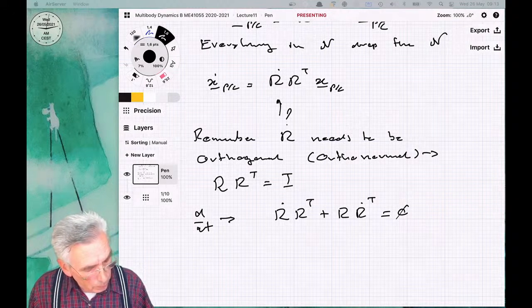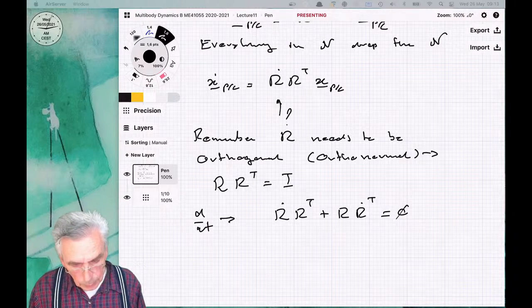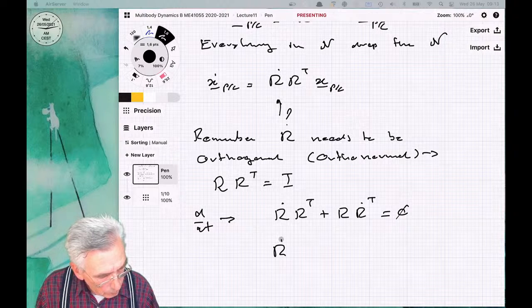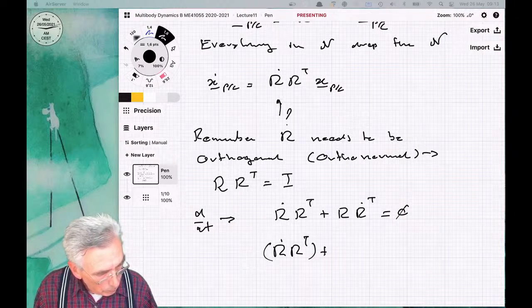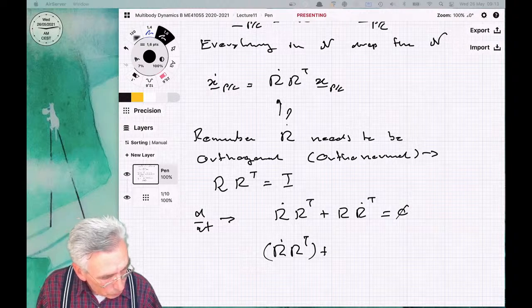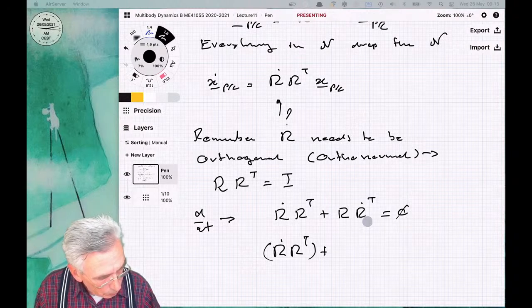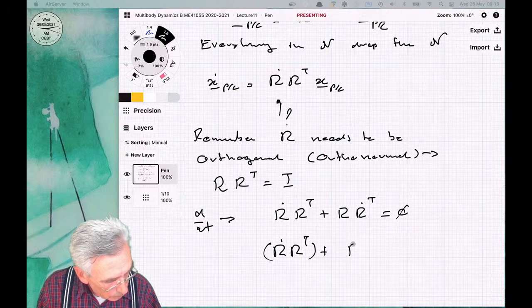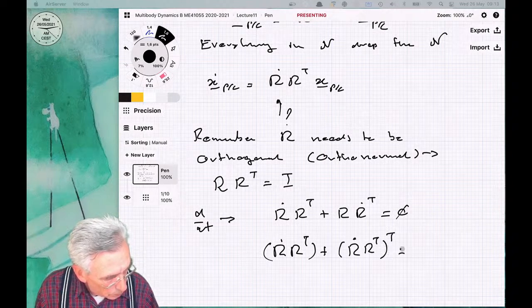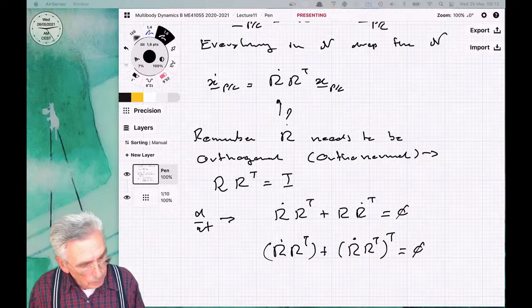Now this looks a lot like this actually. Now watch what happens if I take the transpose of this guy, I get R dot R transpose is 0, right? If you transpose this guy, you get this.